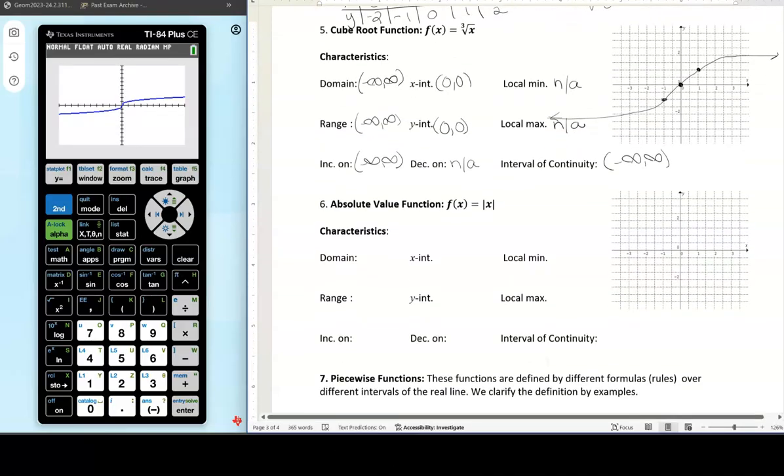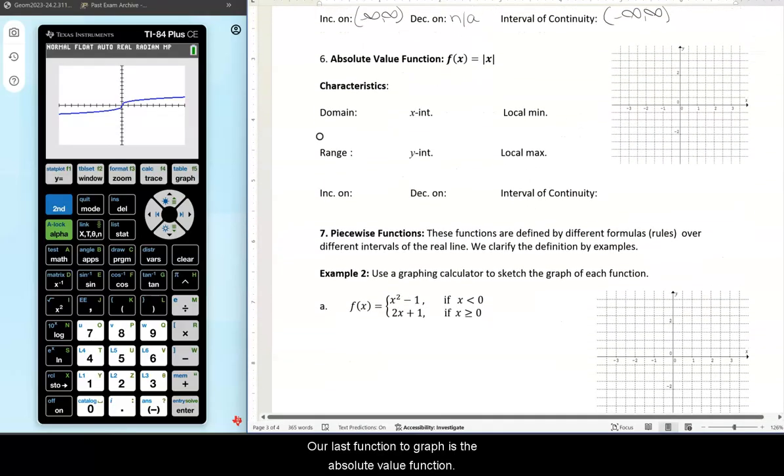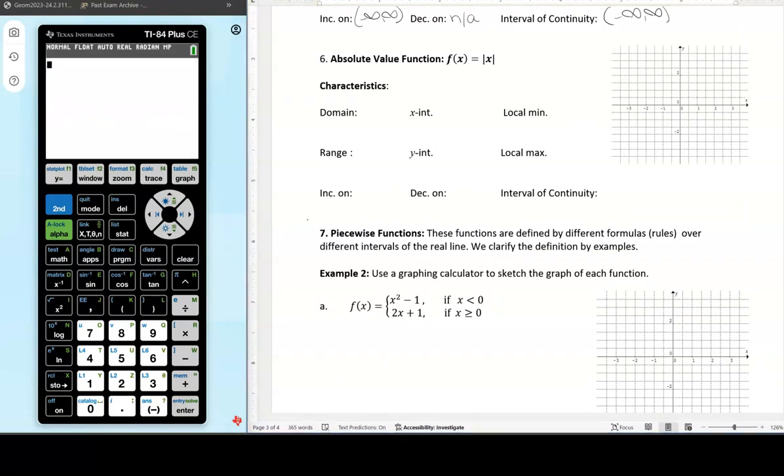Our last function to graph is the absolute value function. So this basic function can also be graphed on your calculator, but to get to the absolute value symbol on your calculator, you have to go through the calculator menu of catalog. Let me show you how it works.